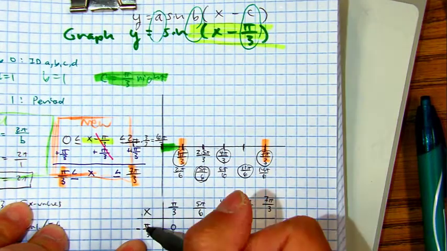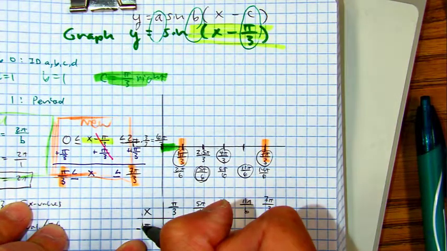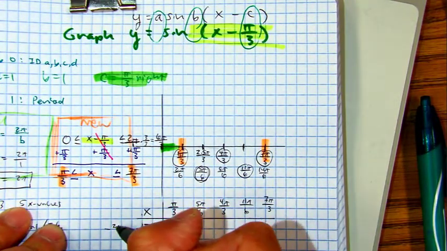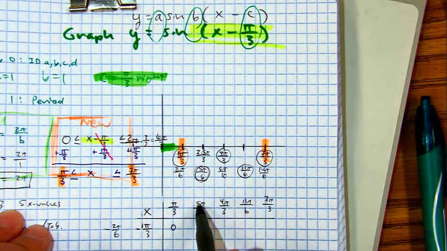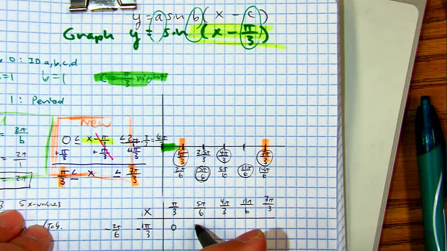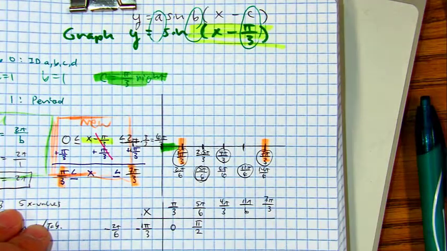Okay. Pi over 3 is like negative 2 pi over 6. Would you agree? Yes. So 5 minus 2 is 3, and 3 pi over 6 is? Reduce it. 1/2, pi over 2. Do you see the new hope?